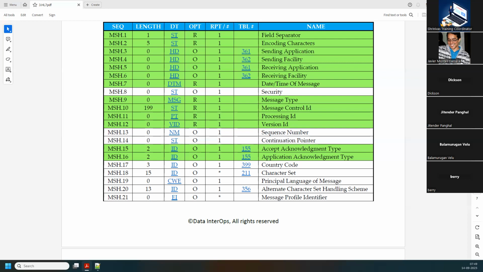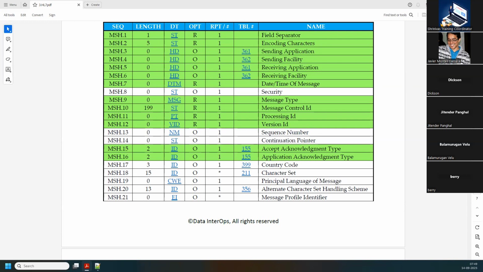In the same way, whenever a message is transacted between two different systems, let's say PM to EHR, how will PM get to know that the message has been sent to the EHR successfully? That's where acknowledgement comes into play. Once EHR receives the message, EHR will send an acknowledgement back to the PM system.